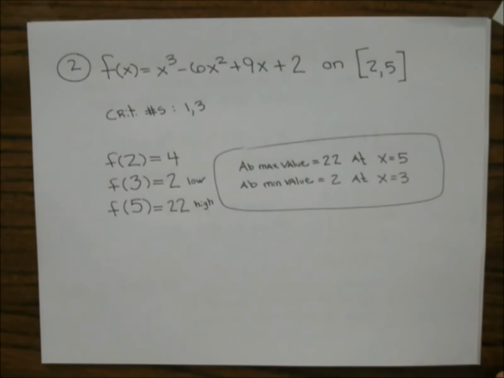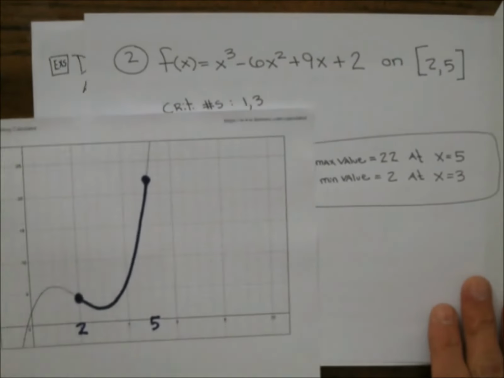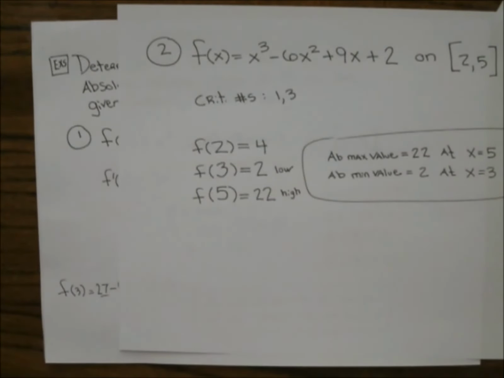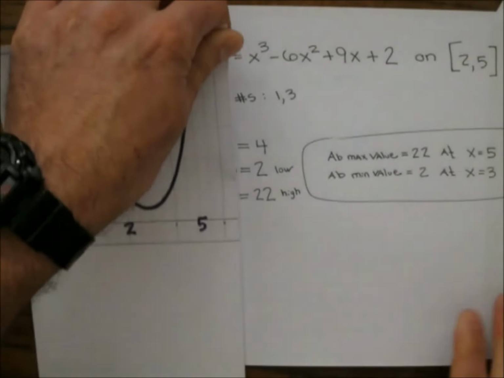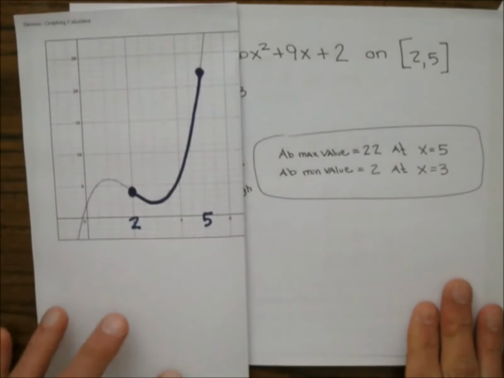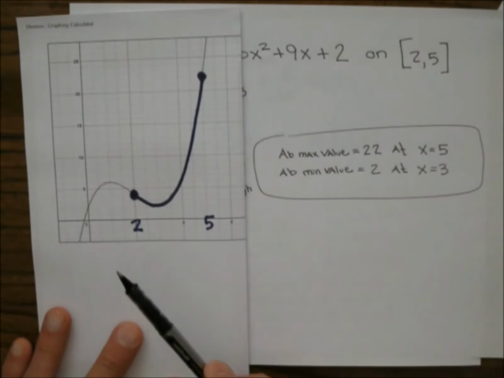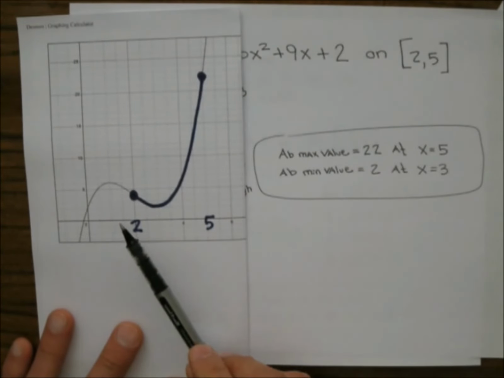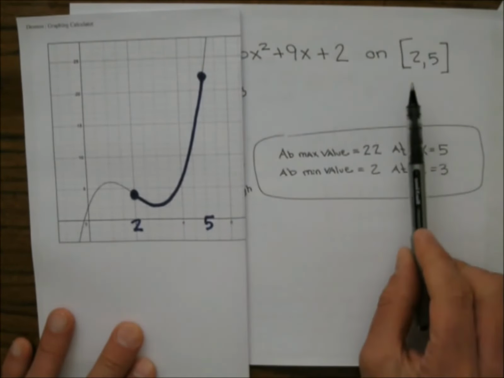What does this graph look like? So it's the same graph that I had last time. So remember, the last graph I had was this, and now this graph right here, I'm going to go ahead and fold this so we can see everything, looks like that. So that critical value that I had last time, which was at 1, is not used because it's not within the interval.